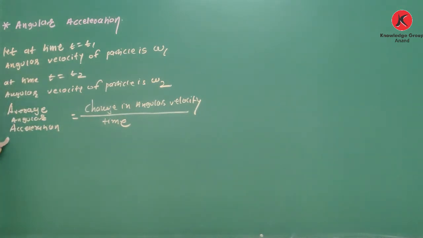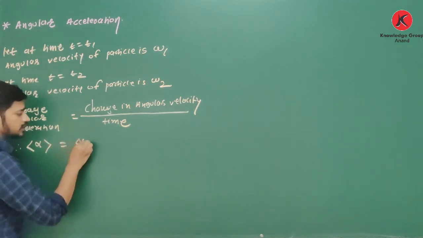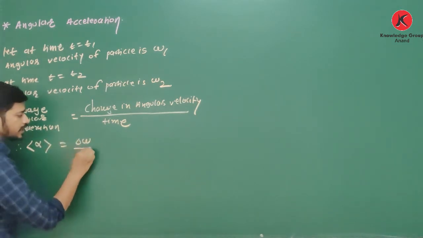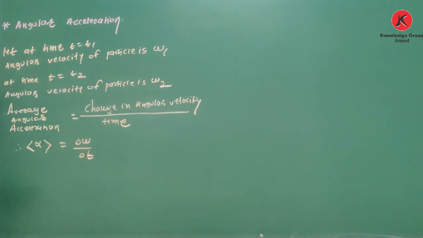Average angular acceleration is equal to change in angular velocity upon time. How to indicate angular acceleration? It is indicated by alpha. So alpha is equal to change in angular velocity, delta omega, upon delta t. Clear?